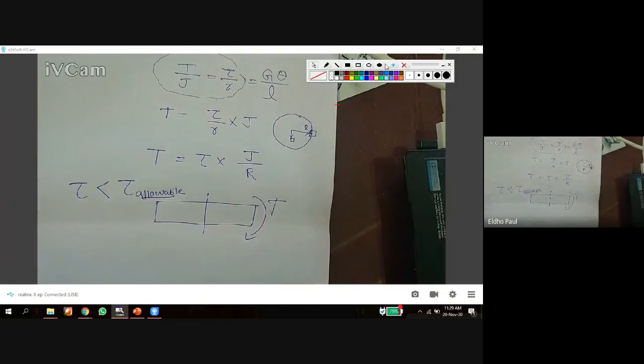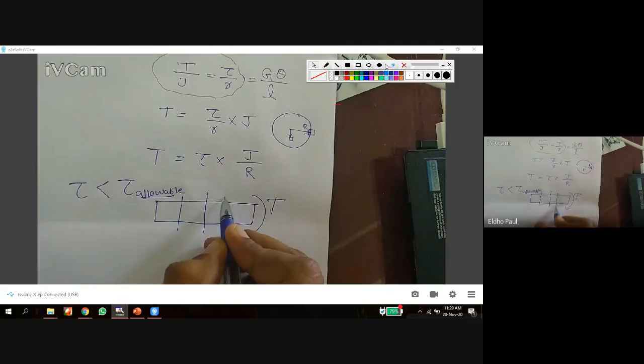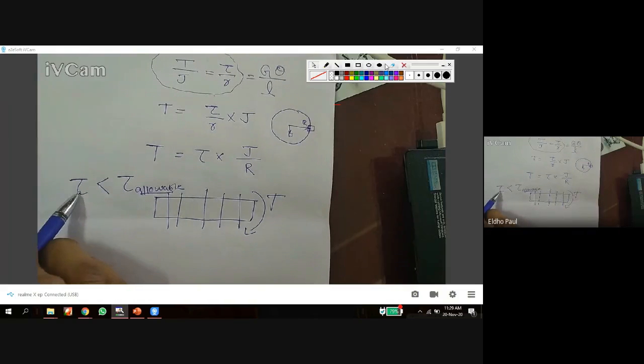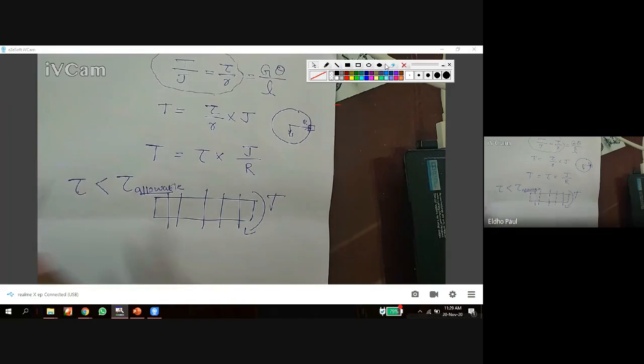Across any cross section of the shaft, the tau value developed should be less than the allowable shear stress of the material.